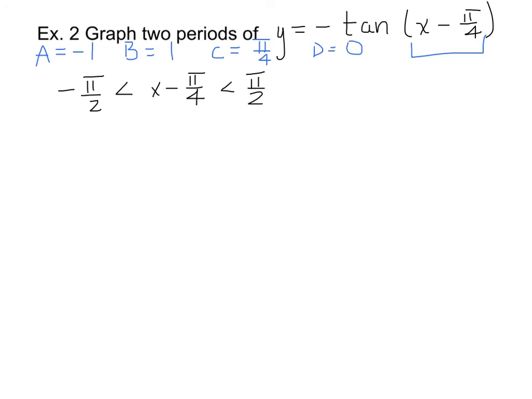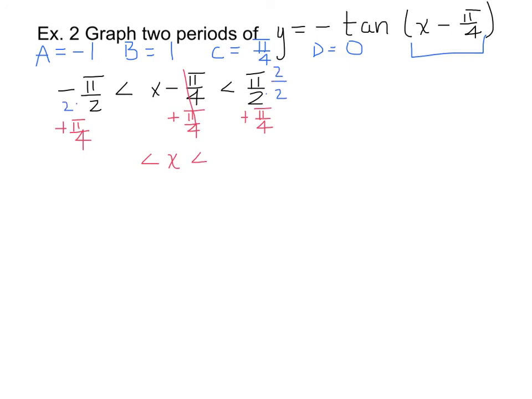This time when you solve for x, you have to do the opposite, which is add pi over 4 to both sides. Which means that's going to cancel. So x will be in the middle by itself. Now, remember, to add fractions, you have to get a common denominator. So to make this a 4, I have to multiply the top and bottom by 2.